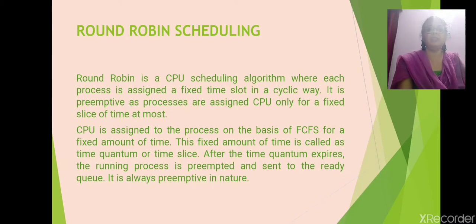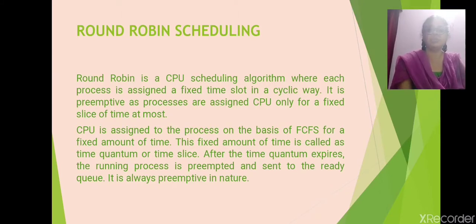In this algorithm, each process is assigned a fixed time slot in a cyclic way, which is also known as time quantum. The ready queue is treated as a circular queue. The CPU scheduler goes around the ready queue, allocating the CPU to each process for a time interval of up to one time quantum.